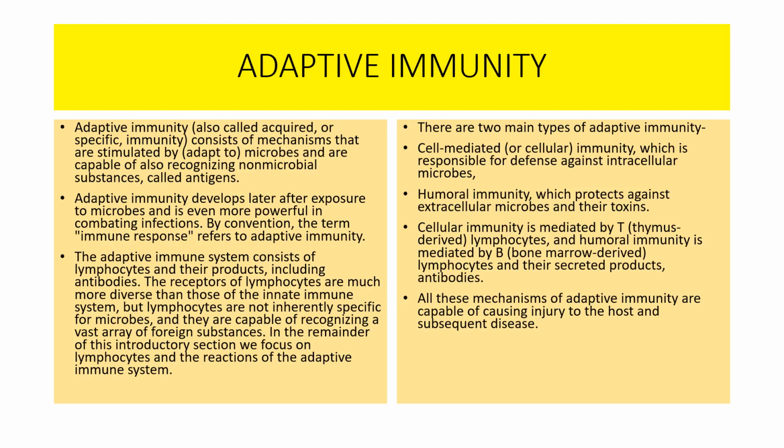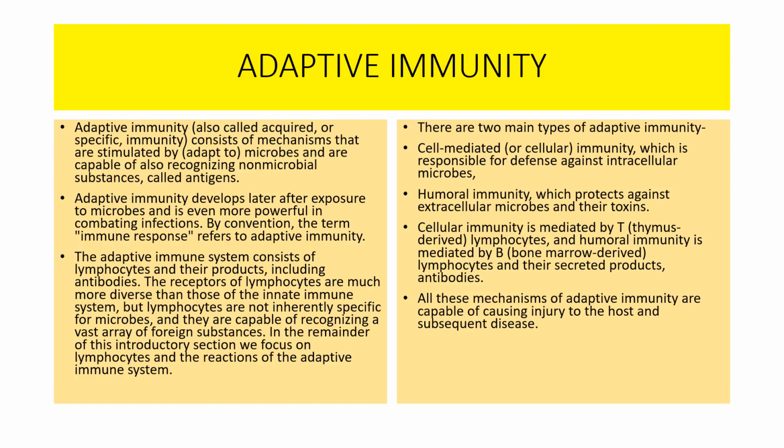In the remainder of the introductory section, we focus on lymphocytes and the reactions of the adaptive immune responses. There are two main types of adaptive immunity. Number one, cell-mediated or cellular immunity, which is responsible for defense against intracellular microbes.